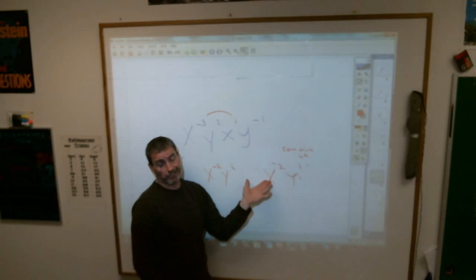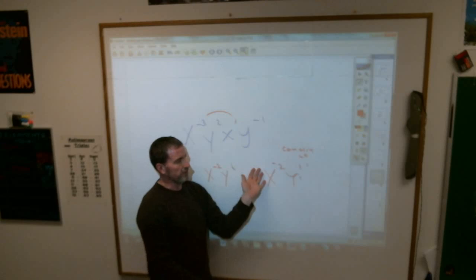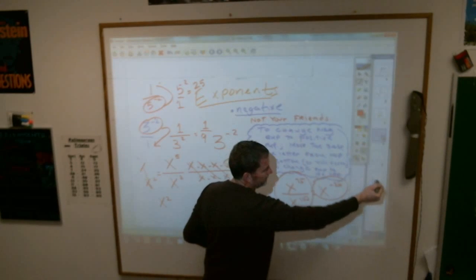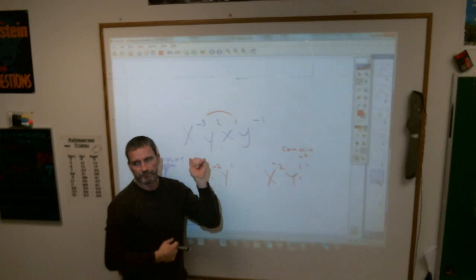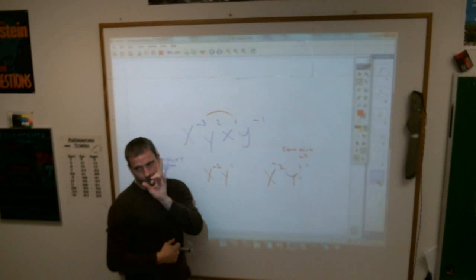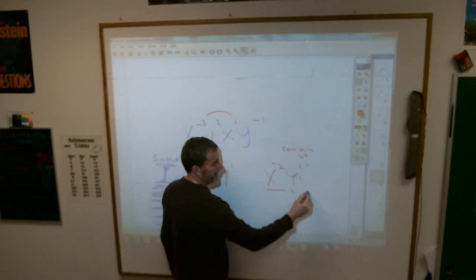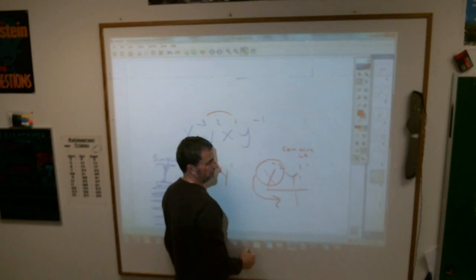I can't just say x to the negative 2 is the same thing as x to the positive 2, because they're not. I can go back to this, remember this little rule right here? I have to do that, which means I would have to change them. Yeah, I need to make this a fraction, take this whole thing, and move it to the bottom of that fraction.